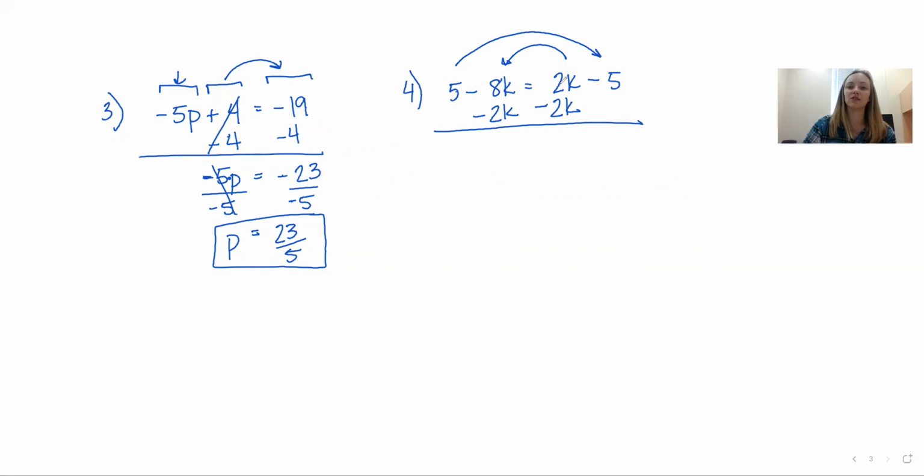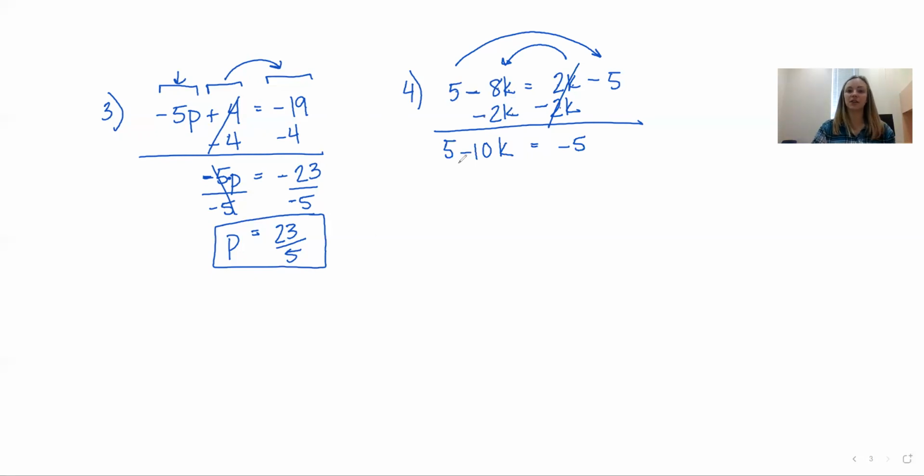So on the right side, 2k minus 2k is 0k, or just 0, so those guys cancel. And then on the left side, we bring down the 5, and negative 8k minus 2k, we're going to combine those coefficients. So negative 8 minus 2 is negative 10k. And then on the right side, we're left with this negative 5. Make sure you don't lose those signs.